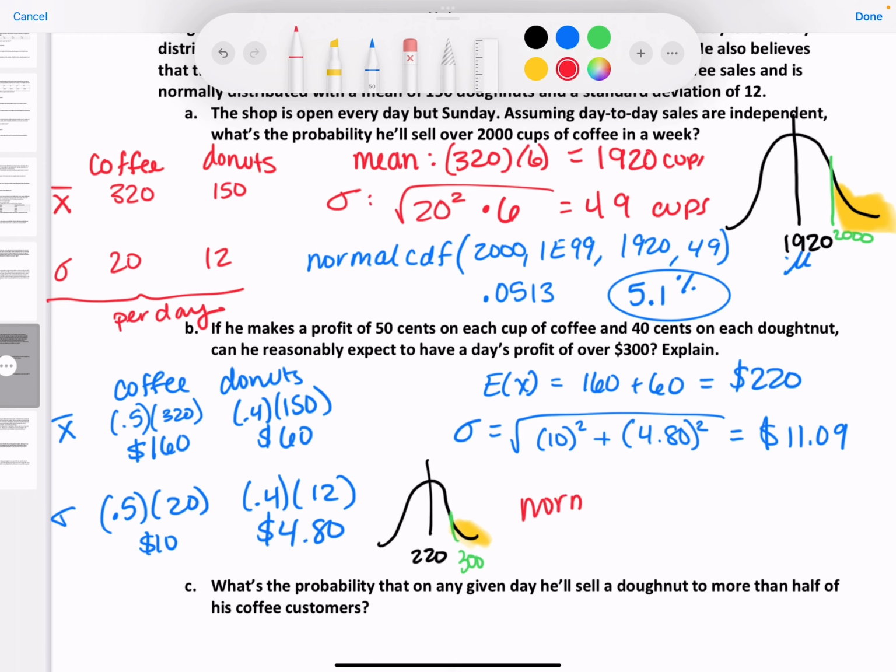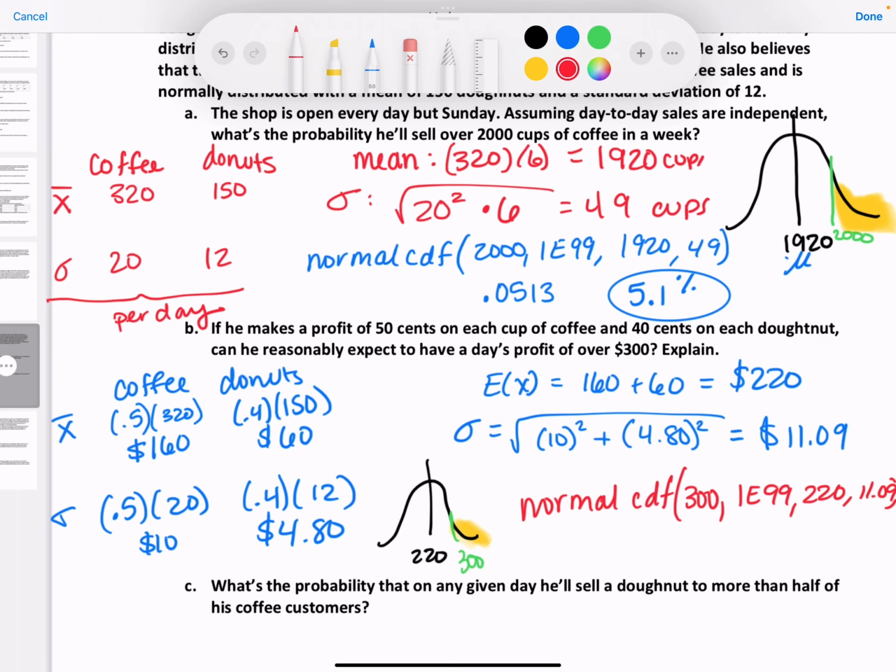So it would be 300, 1E99, 220, 11.09. Yep. I don't know.